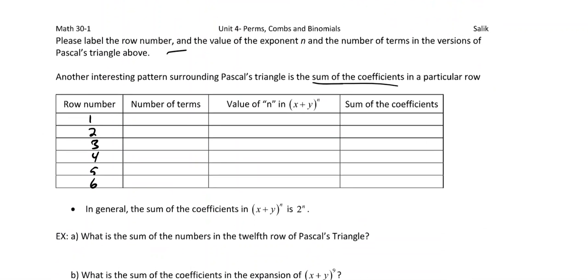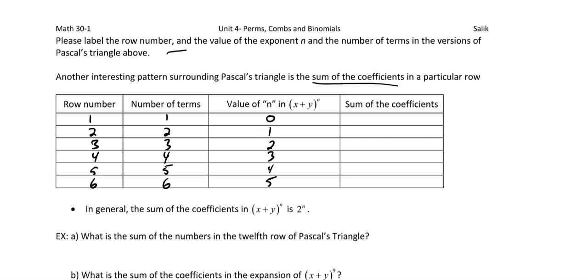So the number of terms, the row number, is 1, 2, 3, 4, 5, and 6. And the value of n, our exponent, would be now 0, 1, 2, 3, 4, and 5.